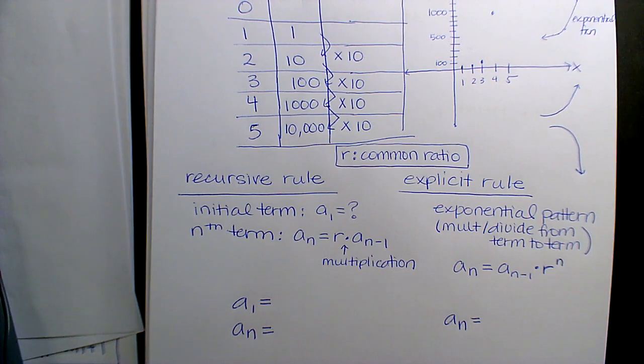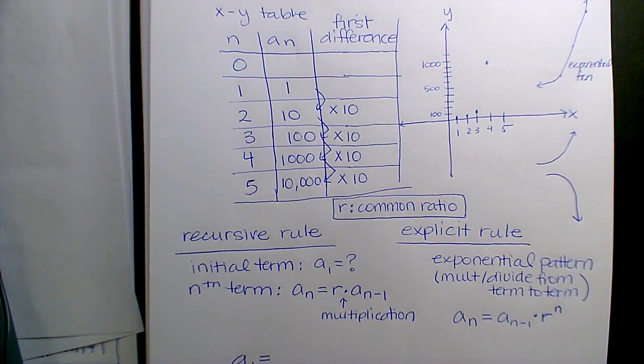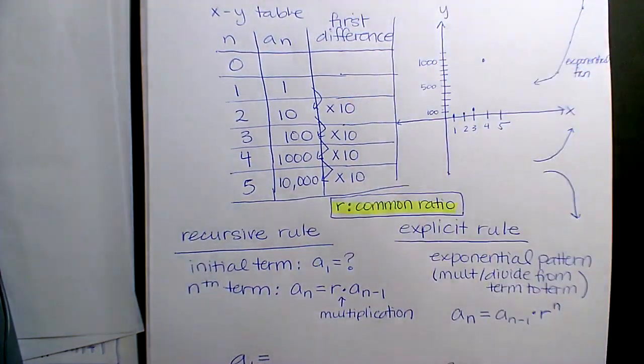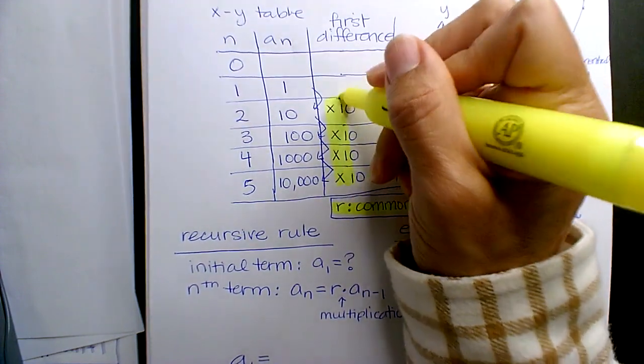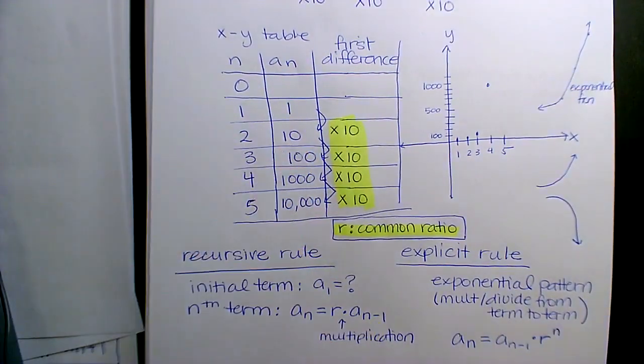Okay, so here it's exponential rule. It's an exponential pattern. What's the common ratio? Your common ratio is that multiplication of 10 as you move from term to term, right?